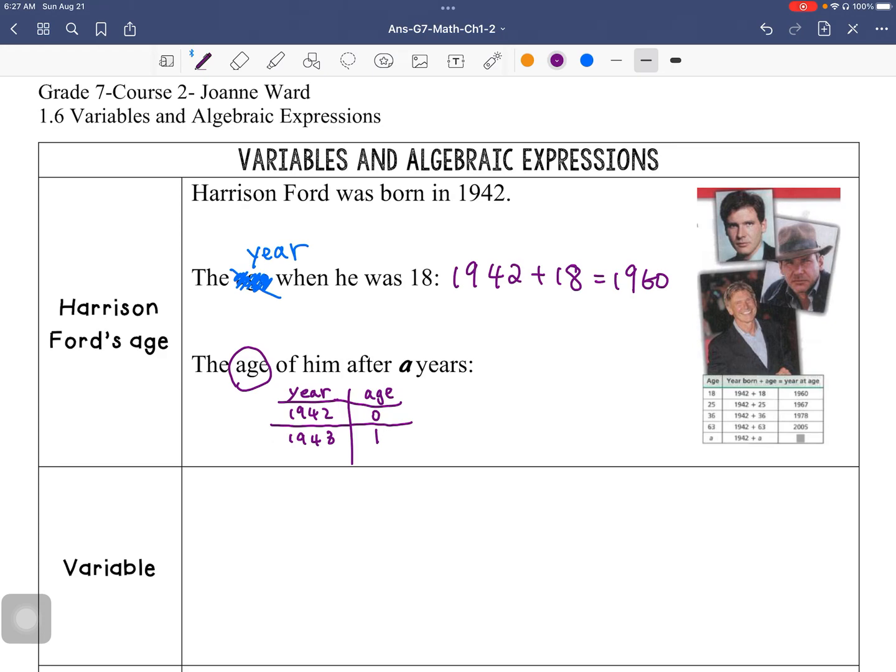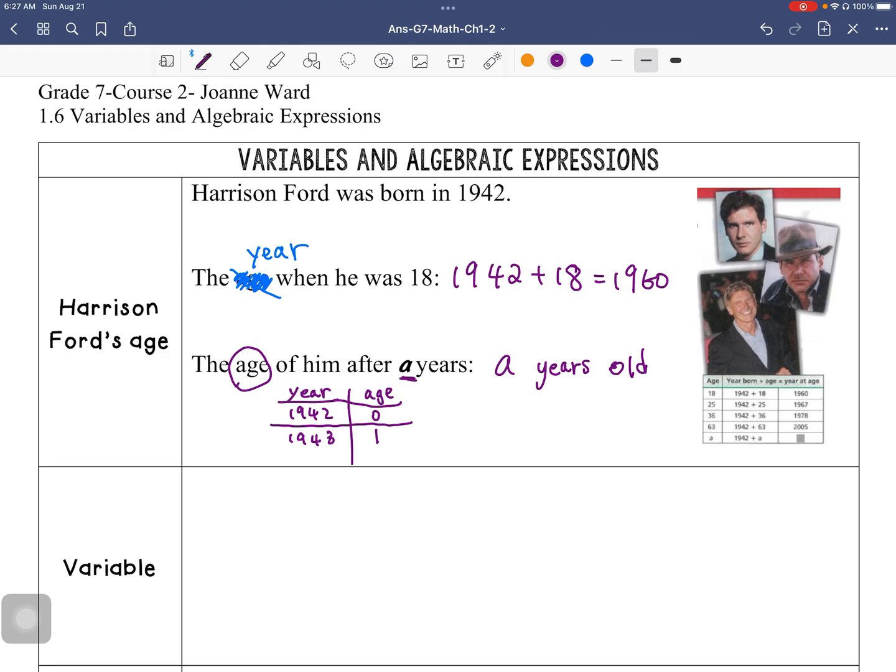So after 8 years from 1942, the age of him is 8 years old. And the year is 1942 plus 8.